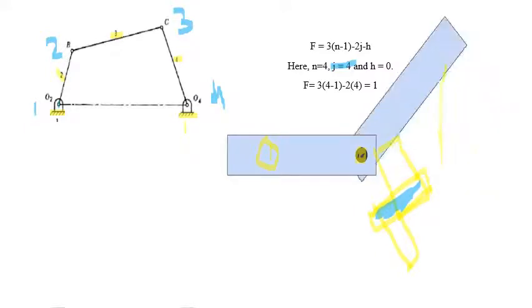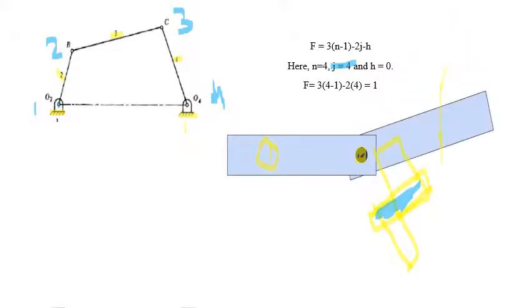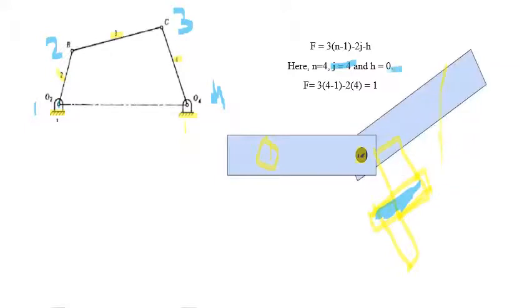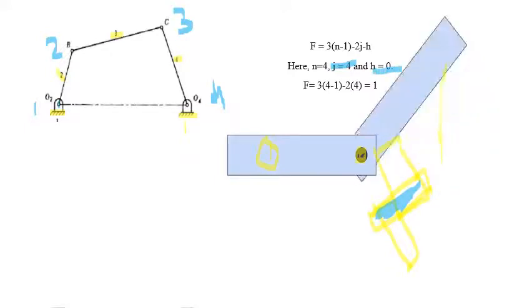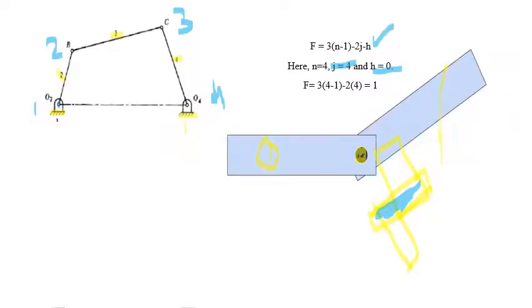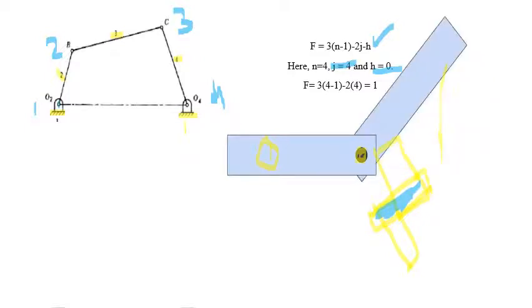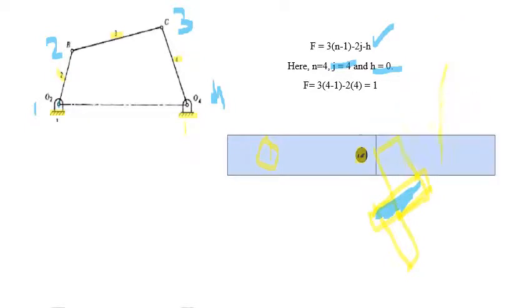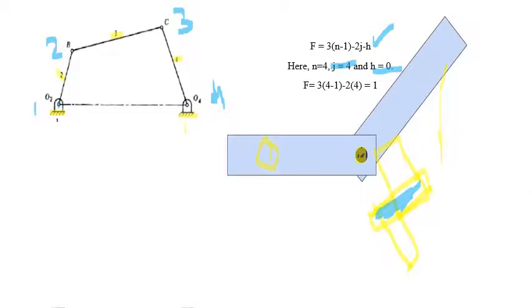Here none of the links have point or line contact, therefore H is equal to 0. Substitute N is equal to 4, J is equal to 4, H is equal to 0 in the Grubler's criterion equation and find the number of degrees of freedom. After simplifying, we get F is equal to 1, which means this kinematic chain or mechanism has a single degree of freedom.